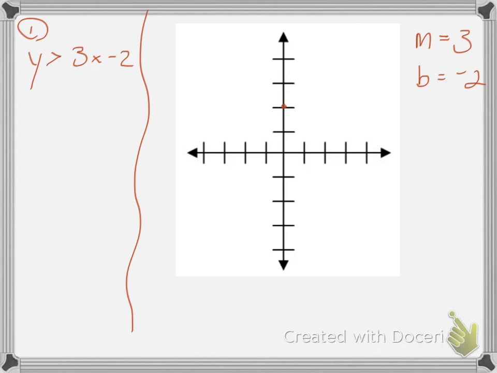I'm going to graph my y-intercept first. Sorry, it's negative 2. And from that point, I'm going to use my slope, rise 3, 1, 2, 3, and run to the right 1. I'm going to go in the opposite direction, 1, 2, 3, and go the other way.